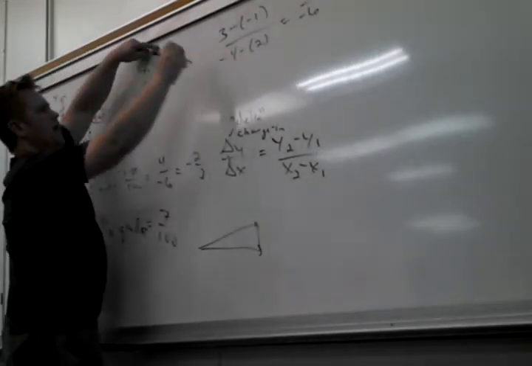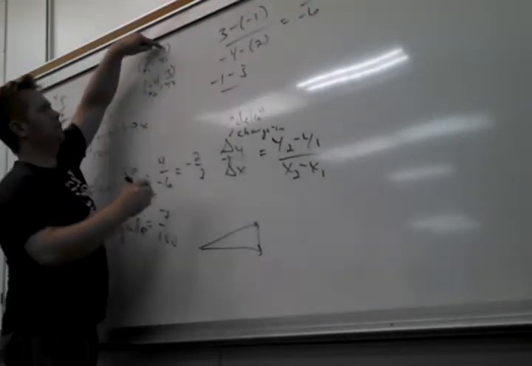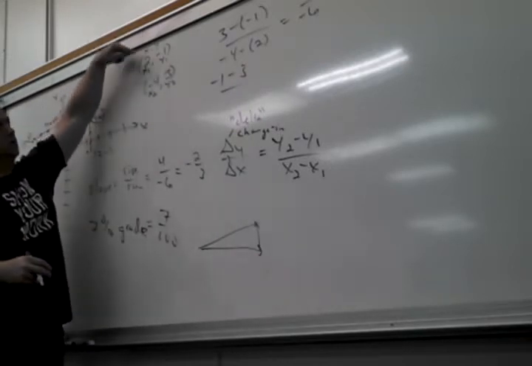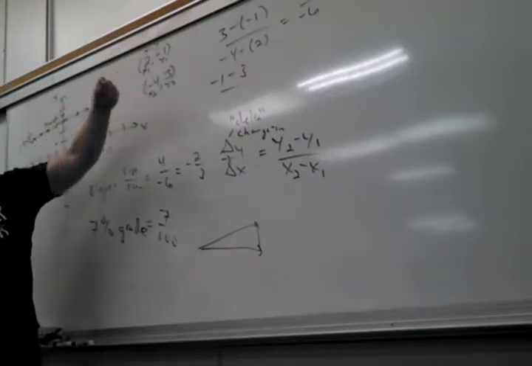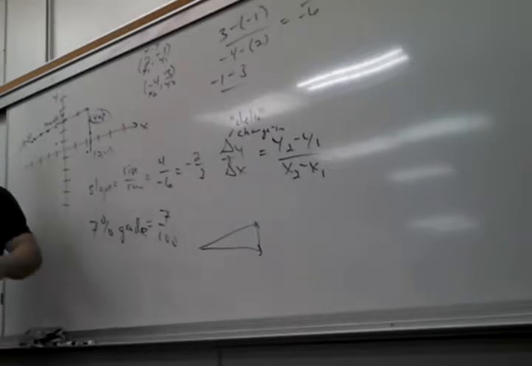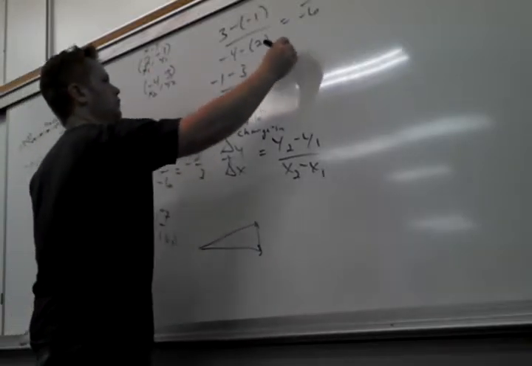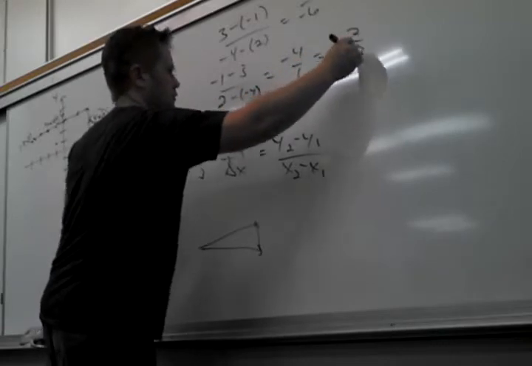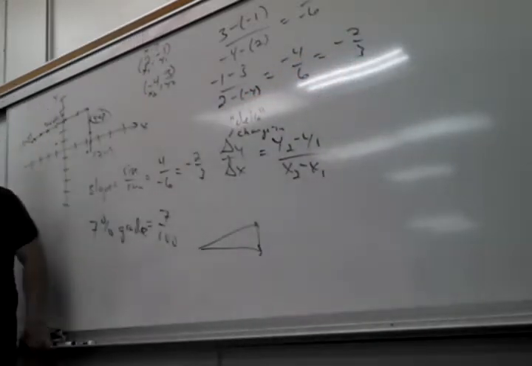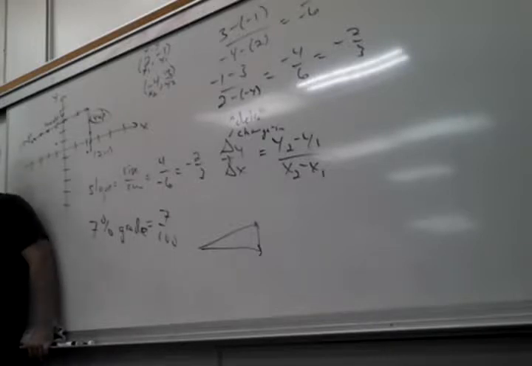Whereas otherwise, if I went negative 1 minus 3 on the top, I better do 2 minus negative 4 on the bottom. You guys with me? Otherwise, your slope is going to be in the wrong direction. And the guy's going to come around the corner expecting that and getting this. So then this would be 2 minus negative 4, still negative 4 over 6, still negative 2/3. That's the only reason that the 2 and the 1 are down there, just so you go the same direction.